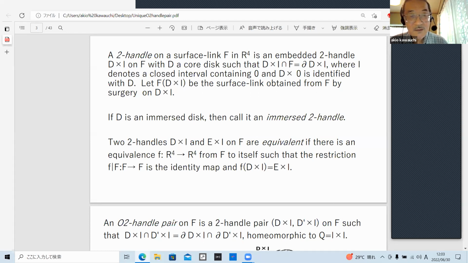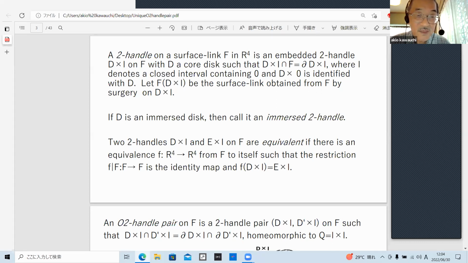And I denotes a closed interval containing 0, and D×0 is identified with D. The 2-handle surgery of F is denoted by F_{D×I}.